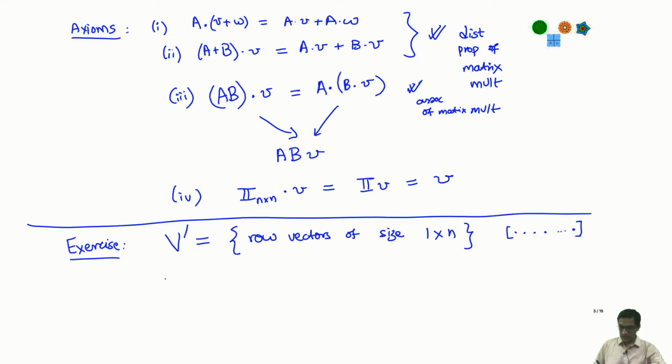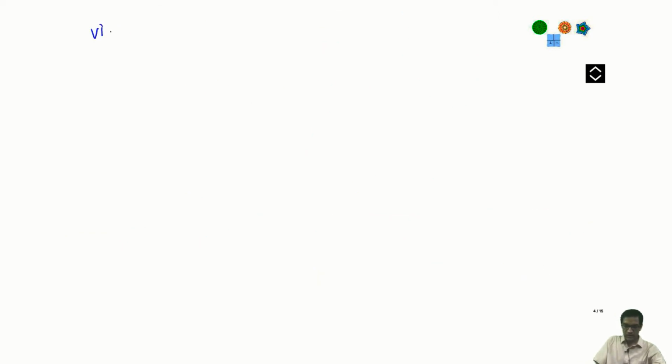And now the claim is that V prime can be made into a right module over this ring R of matrices. How? Via the following operation. I take a matrix A and I should tell you how to do this scalar multiplication. Well, the definition is this.